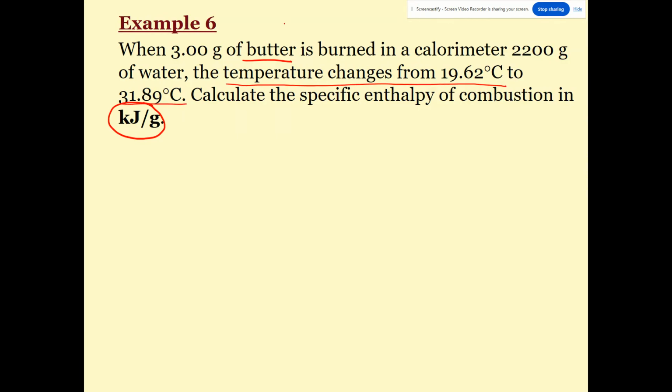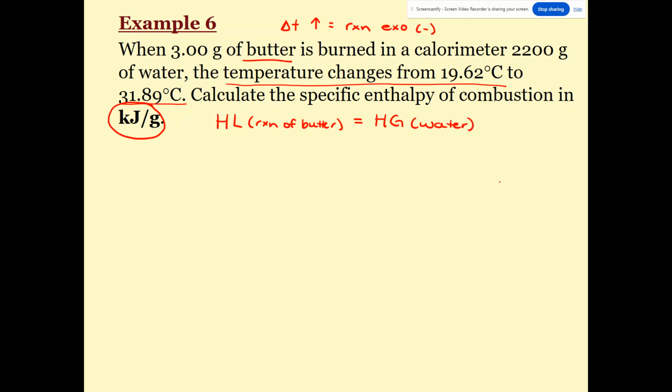So this means if the temperature of water is increasing, I again have an exothermic reaction. This is a negative reaction. Okay? The heat is being lost by my reaction of butter. Okay, I don't have a formula for that. I'm just going to write butter. It's an exothermic reaction. It is being gained by the surrounding water.